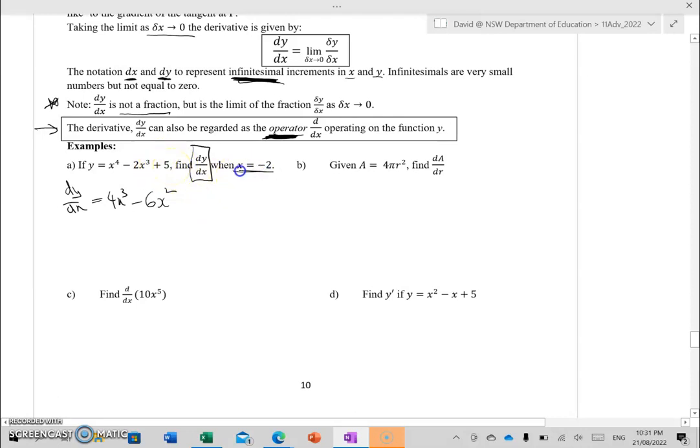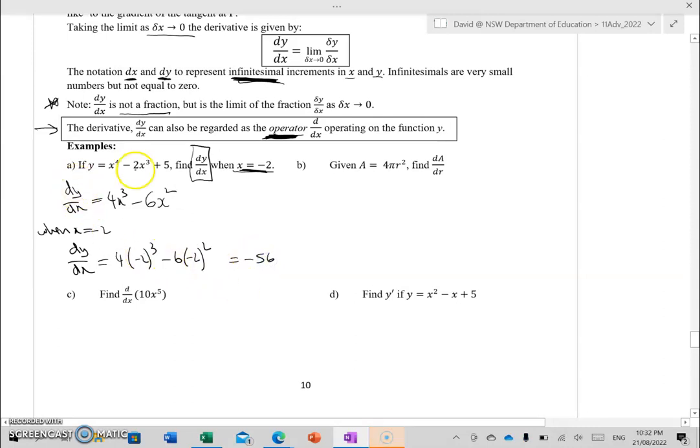Now we want to know when x is equal to negative 2. When x is equal to negative 2, my dy dx is equal to, let's sub in negative 2 in brackets, negative 56.